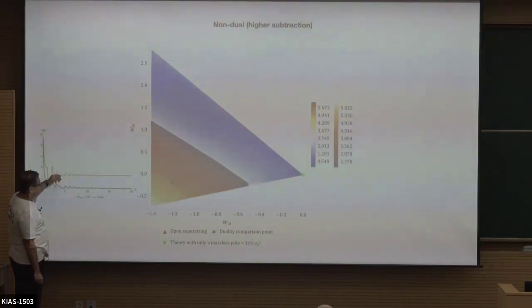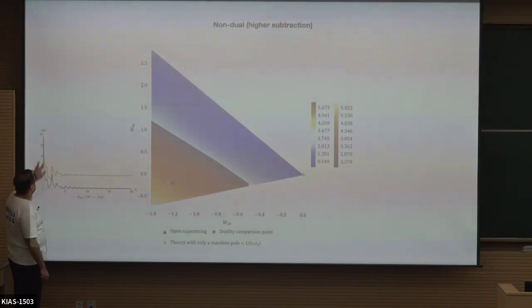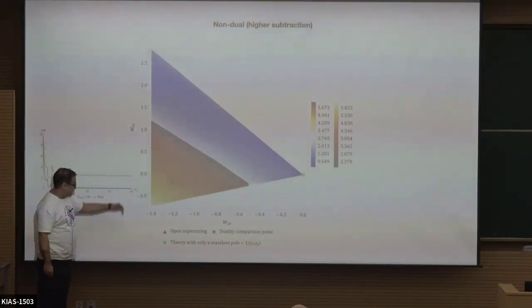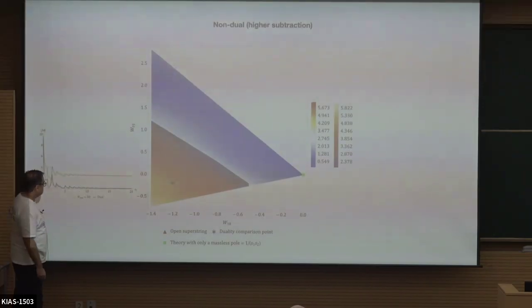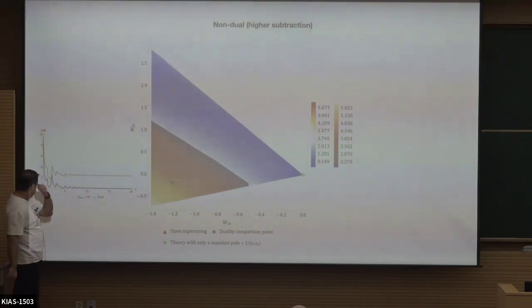To plot this absolute value, I've given s an imaginary part so that we don't see these infinite delta function spikes. So this is the absolute value of the amplitude for some fixed value of small t plotted against s. So this is s. And so this black line here is the string amplitude, which actually decays, and this is expected because we have fixed t to be negative, and it's supposed to die.